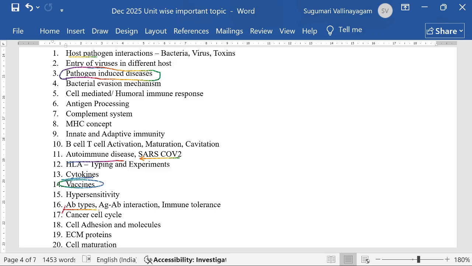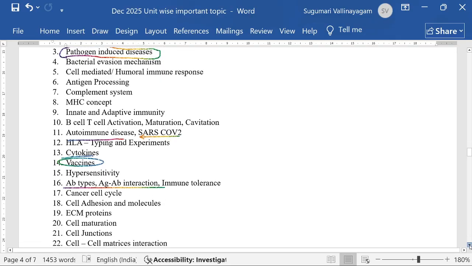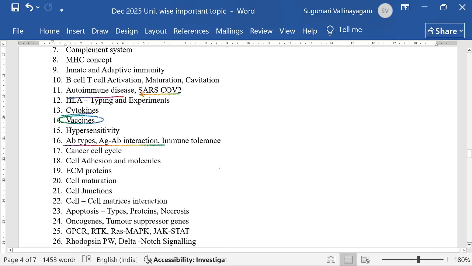And antibody-antigen interaction, immune tolerance, cancer. This cancer concept is another important one. Definitely one question from cancer, cell cycle, or cell adhesion molecules. From this they will ask one. Next, cell maturation, cell junction, cell interaction, apoptosis, oncogenes.